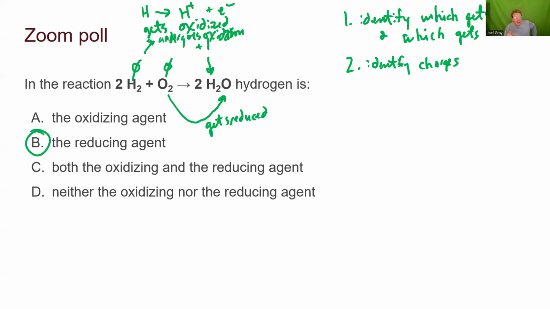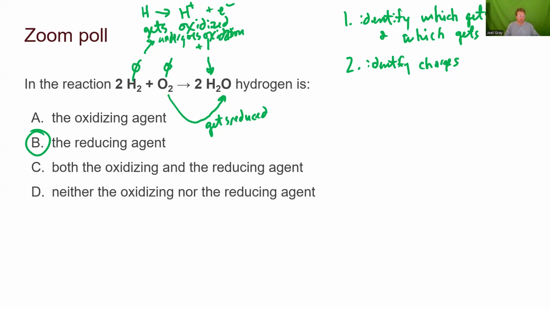Can I get a Y in the chat or an N, a Y if you recognize, okay, I gotta pump the brakes on my standard definition of reduction, and I've got to contort it to reduction is gaining electrons, gaining negative charges.